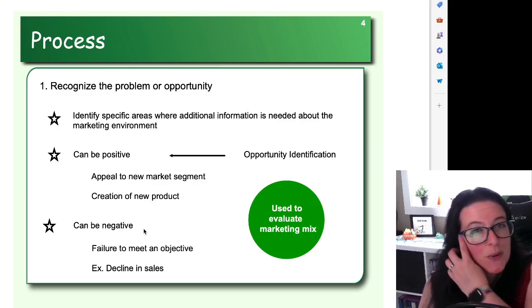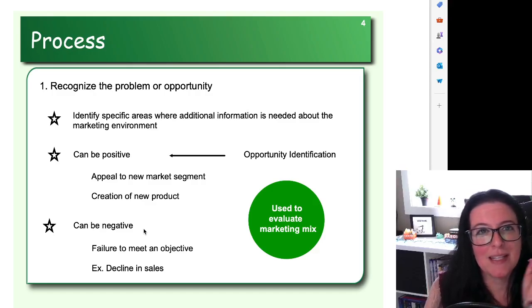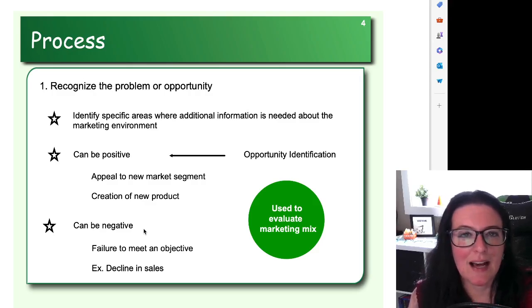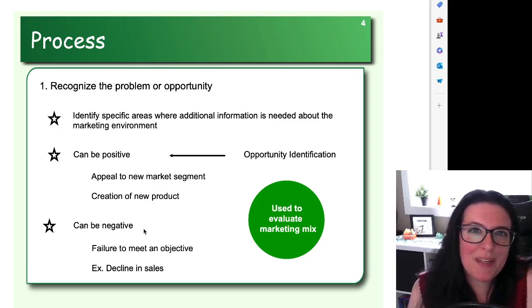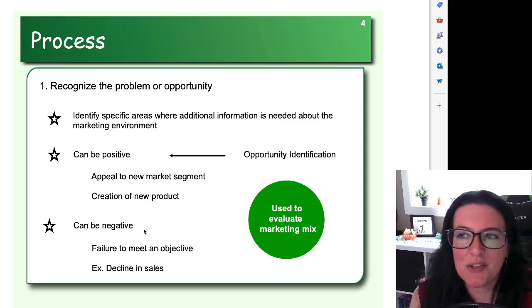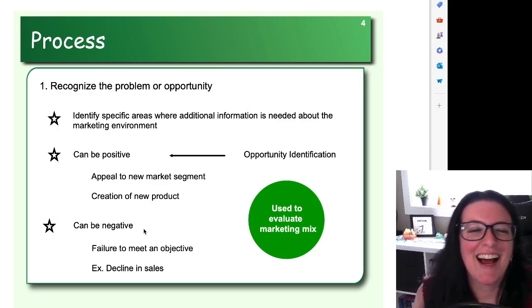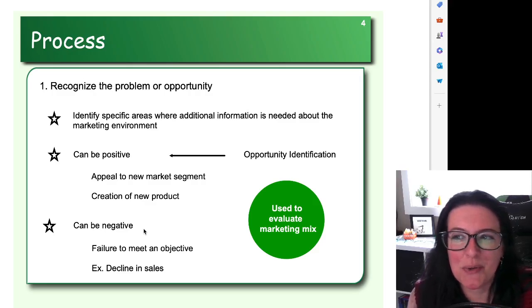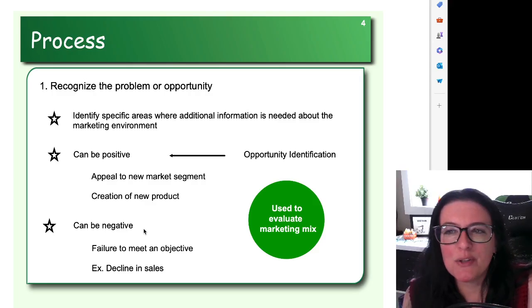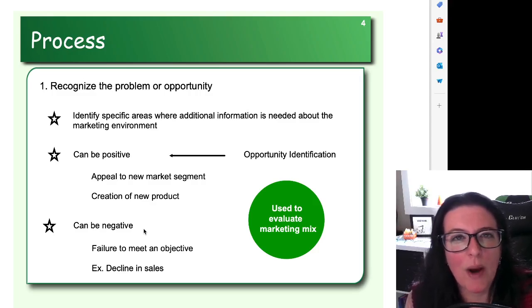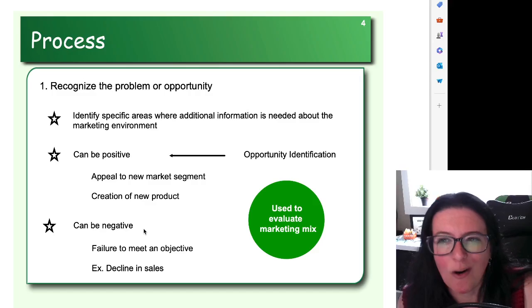So in whatever we're doing, whether it's selling a good, providing a service, helping individuals, providing information to sway politicians, or gaining information to help improve the environment, in all those cases, we need to specify the area where additional information would be helpful.